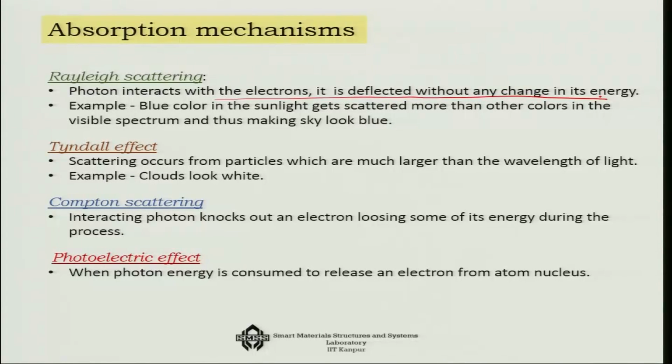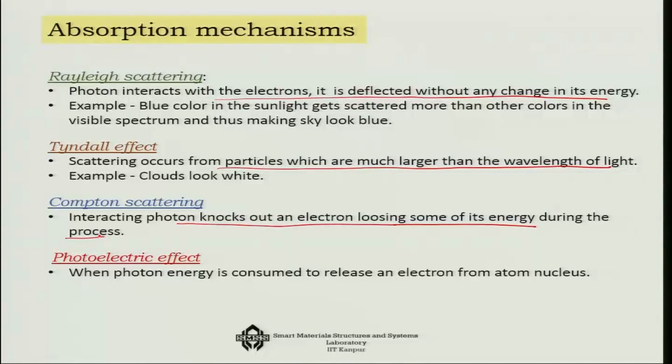There is also the Tyndall effect, where scattering occurs from particles which are much larger than the wavelength of light. So, any colloidal suspension for that matter shows this Tyndall effect. Then Compton scattering, where the interacting photon knocks out an electron, losing some of its energy during the process. So, not like Rayleigh scattering.